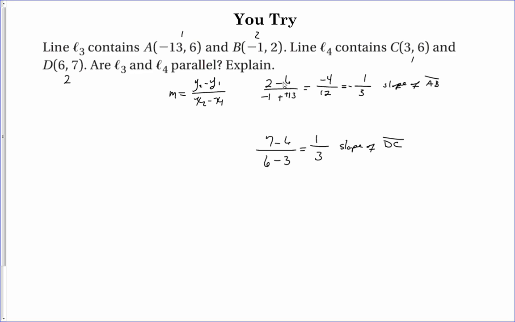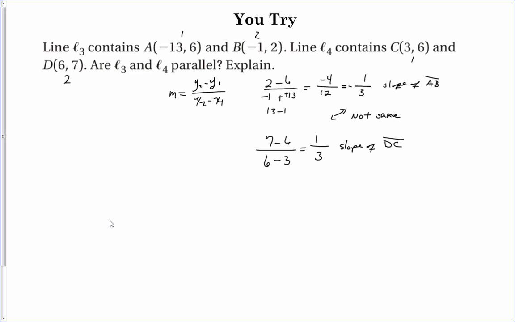Now, as you can see, this here gave us a negative 1/3, because you have 2 minus 6, which is negative 4, and then negative 1 minus negative 13, which is negative 1 plus 13, which is positive 12. So this gave us a slope of negative 1/3, where here we did 7 minus 6, which is 1, and then 6 minus 3, which is 3. Even though both fractions are 1/3, this one is negative, whereas this one is positive, so they are not the same.